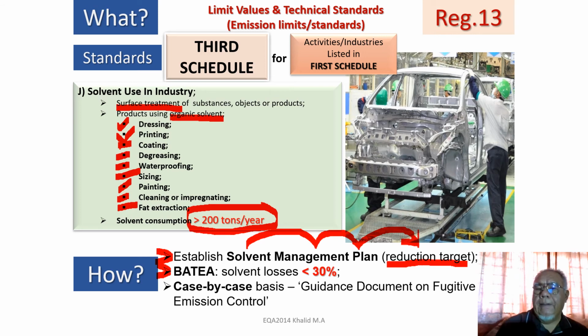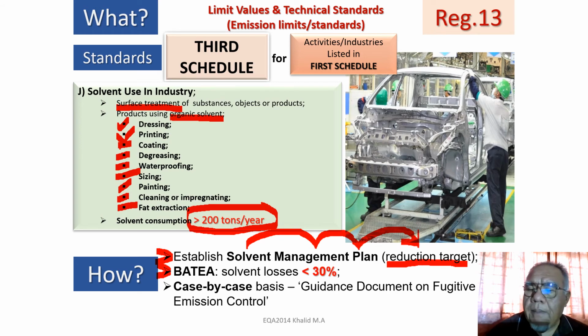You choose. As long as you're able to provide evidence to the authority or the auditor that your losses is less than 30%.